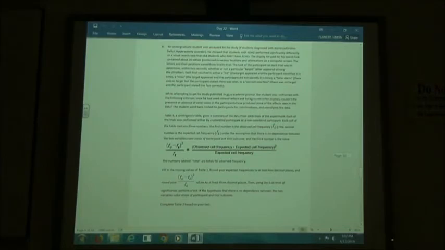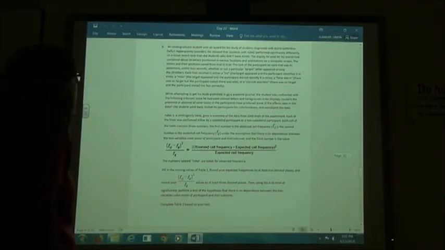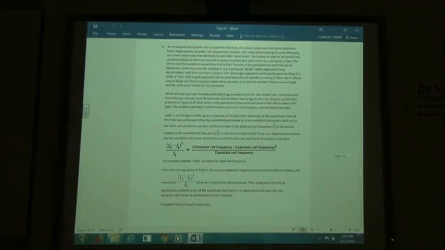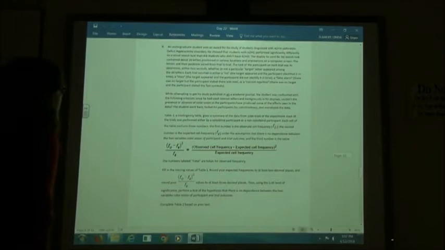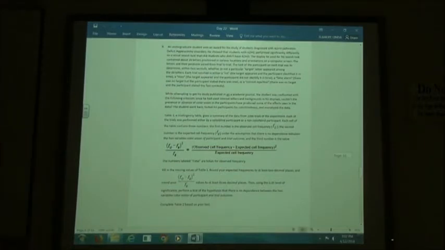Each trial was performed either by a colorblind participant or a non-colorblind participant. Each cell of the table contains 3 numbers. The first number is the observed frequency. The second one is the expected one that we're going to do some calculating on. And then we're going to have our formula: observed frequency minus expected frequency, squared, divided by the expected frequency.